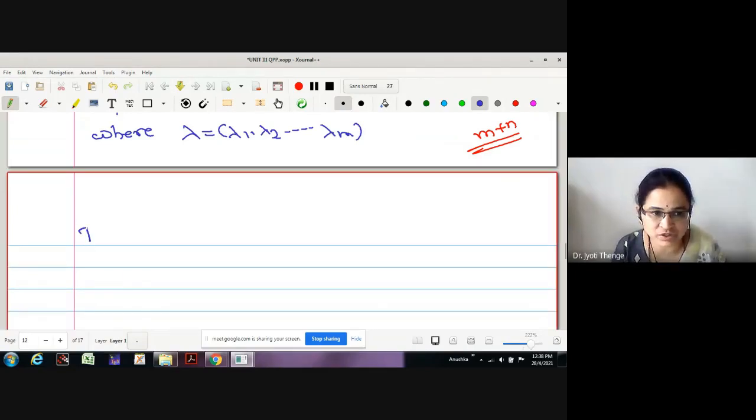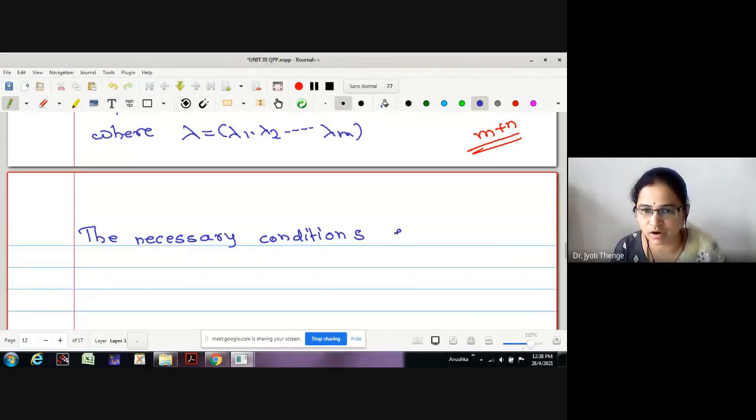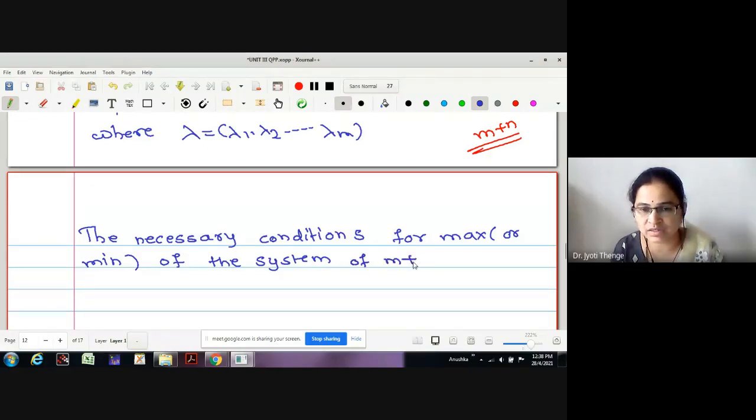The necessary conditions for maxima or minima of the system of m plus n equations. What is the first equation?